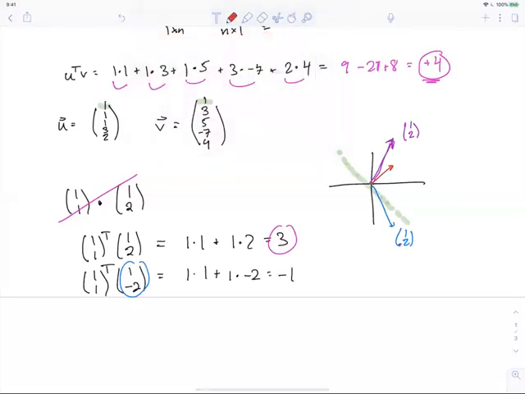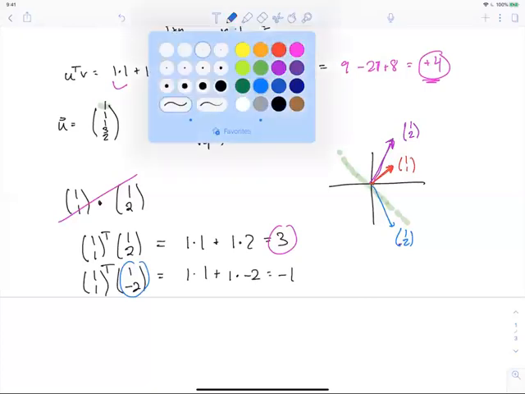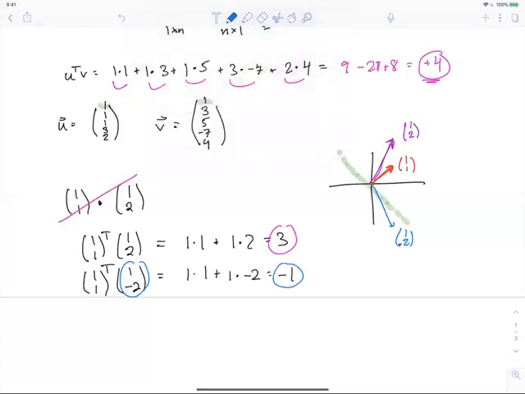So if you're asked whether the purple vector 1, 2 is roughly in the same direction as the red one, you would say yes. And for the blue vector 1, minus 2, is it pointing the same direction as 1, 1, the red vector? You would say no, it's more pointing away. The fact it's pointing more away is what makes this negative, and the fact that the first one is pointing more in the same direction is making this positive.